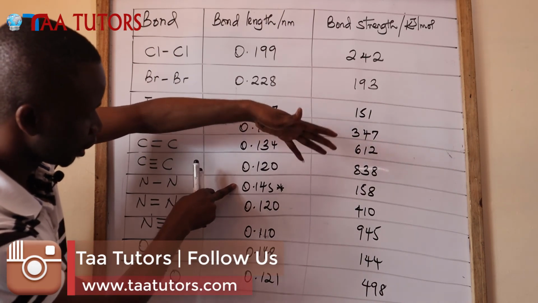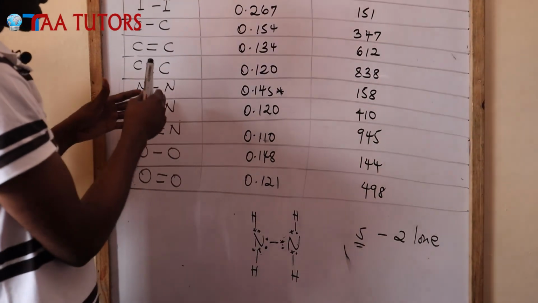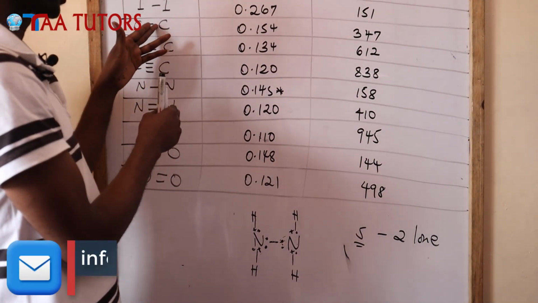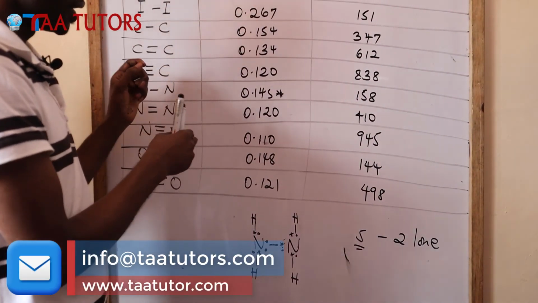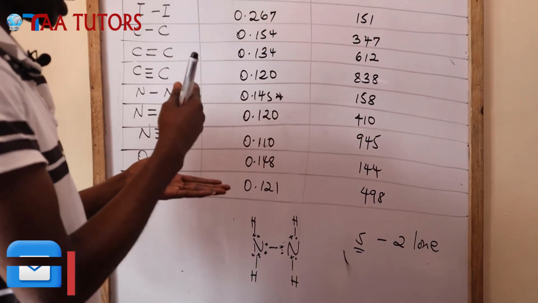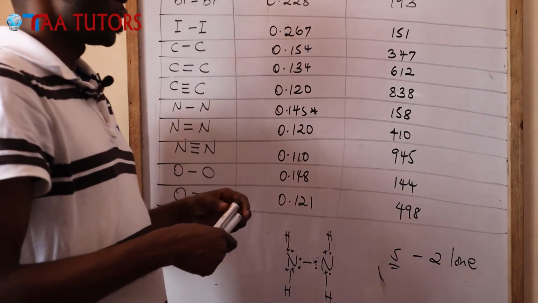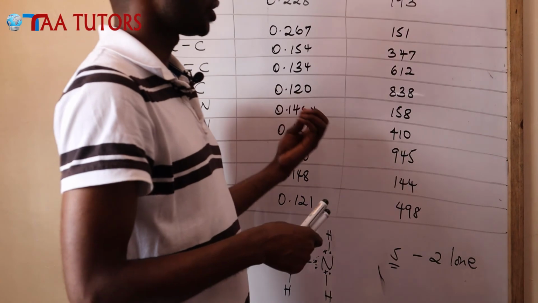And I've said that is only due to the two lone pairs of electrons existing in nitrogen, but we don't have lone pairs of electrons existing in carbon. That means that the two lone pairs of electrons create some repulsion forces that weaken the covalent bond that exists between these two nitrogen atoms, making it require much less energy to break.